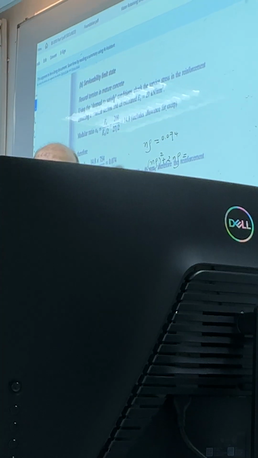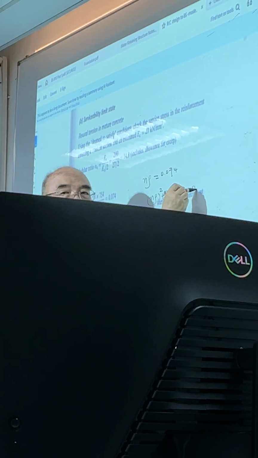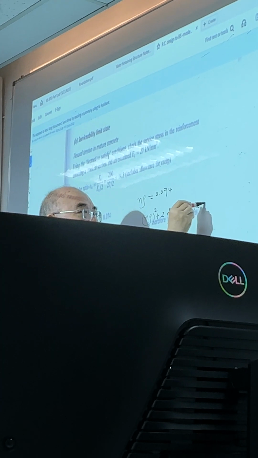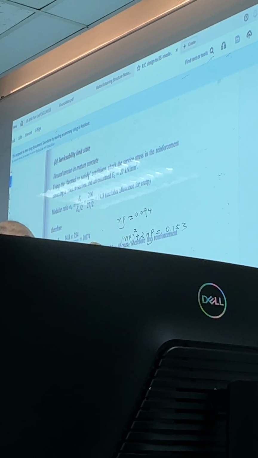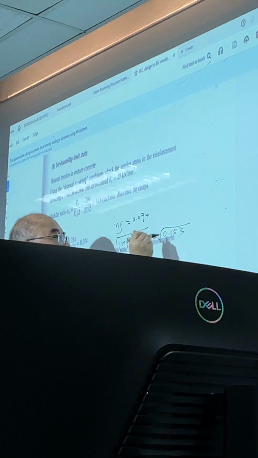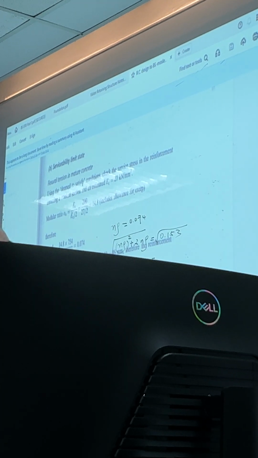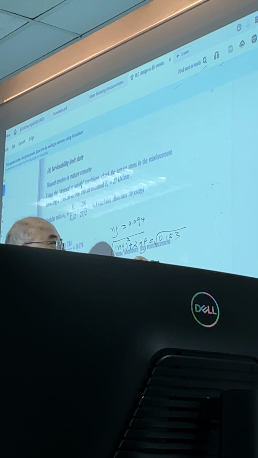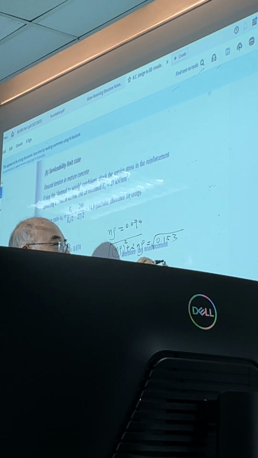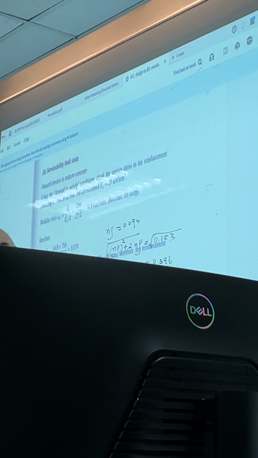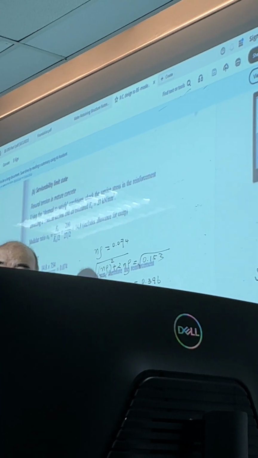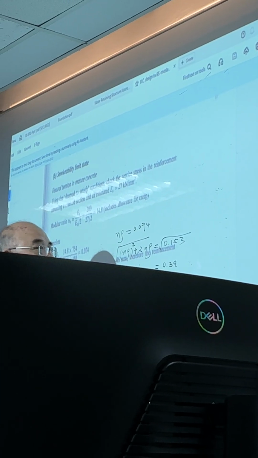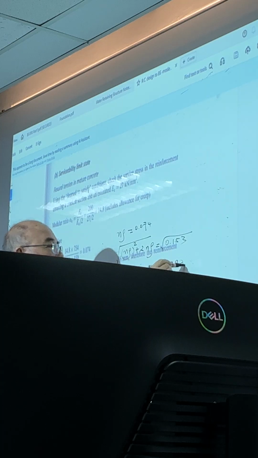Without the square root, right? Then the square root gives you 0.392.